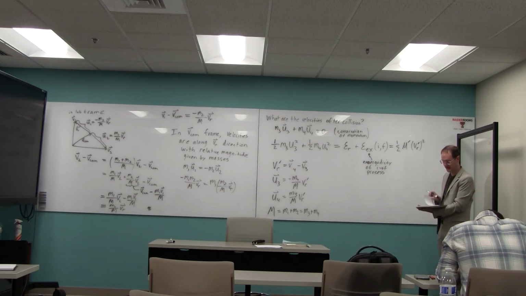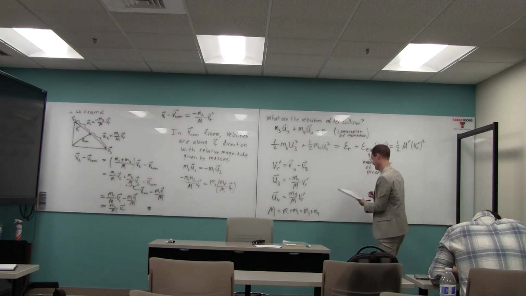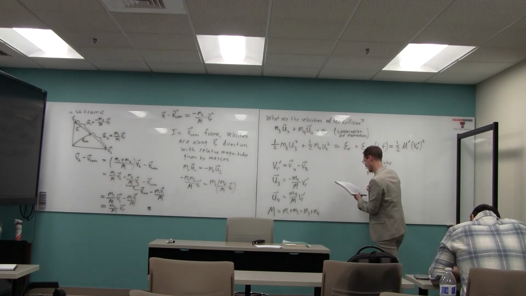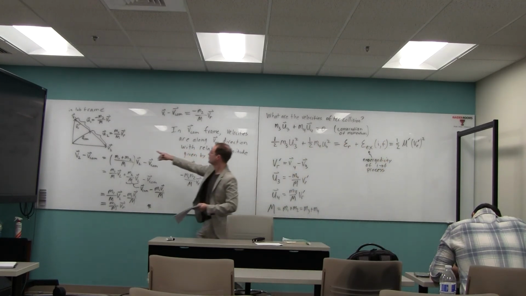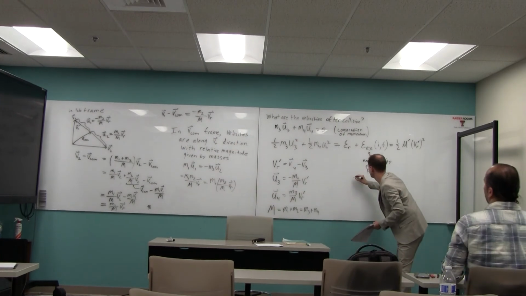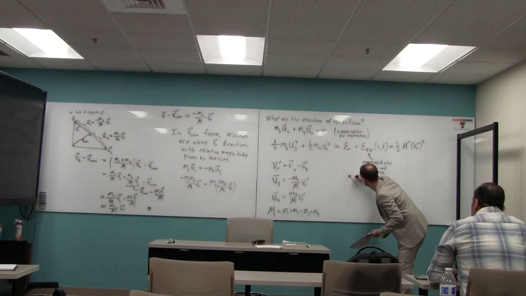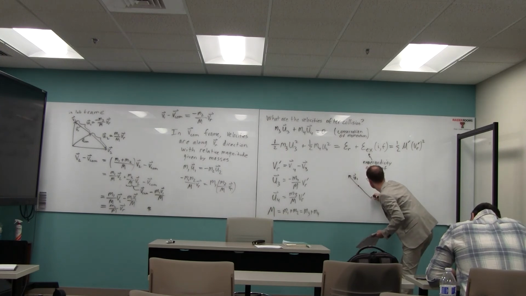Okay, so what if we drew a diagram for this? So initially we had a U1 and a U2, right? And it looked kind of like this. So we have U1 like that, and we have U2 like this.